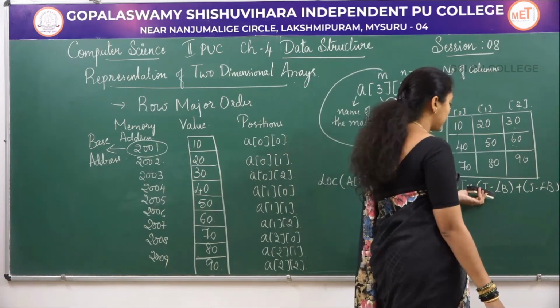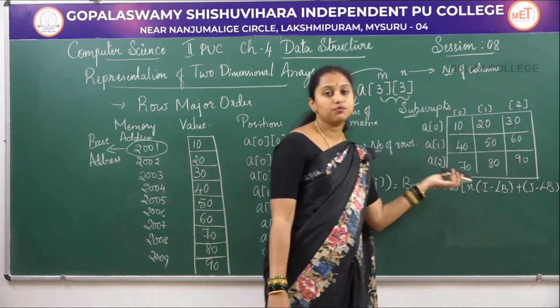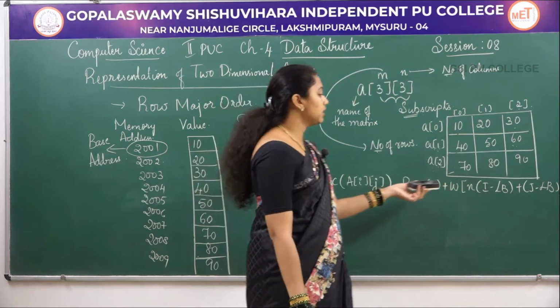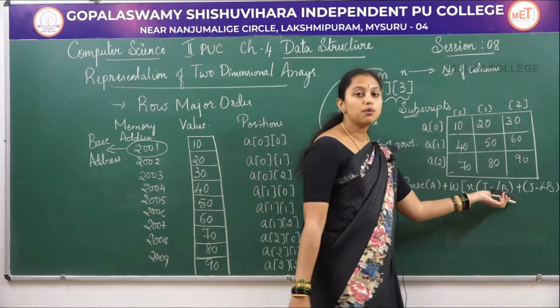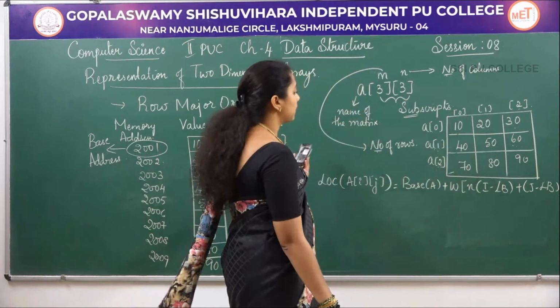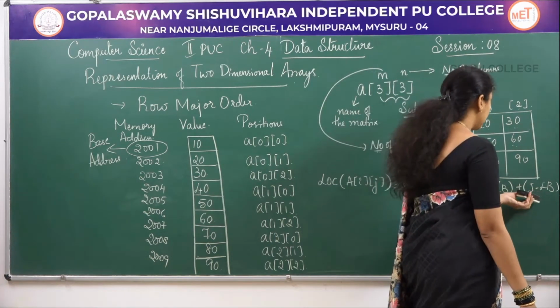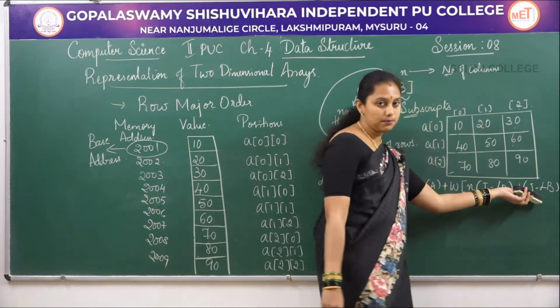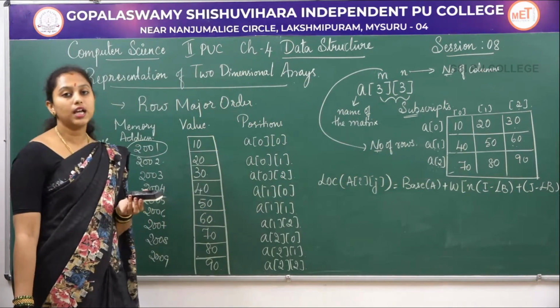I represents the row subscript to which we want to find the address, and LB is the low bound subscript. What is the low bound subscript? The low bound subscript is 0. Next, J. J is nothing but the column subscript to which we have to find the memory address.